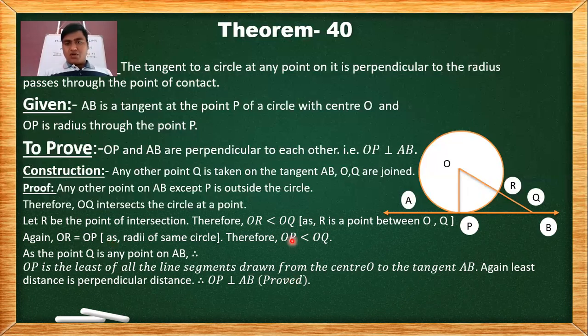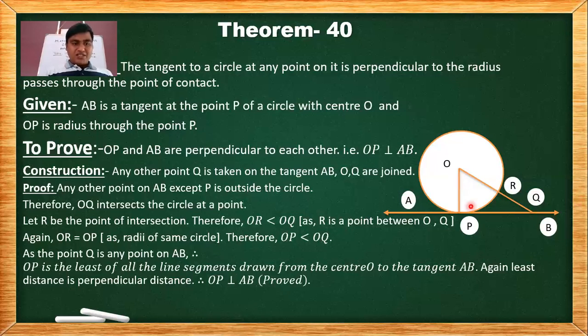So therefore, OP is less than OQ. Now, as the point Q is any point on AB, Q is an arbitrary point. So OP is the least distance from O to AB.